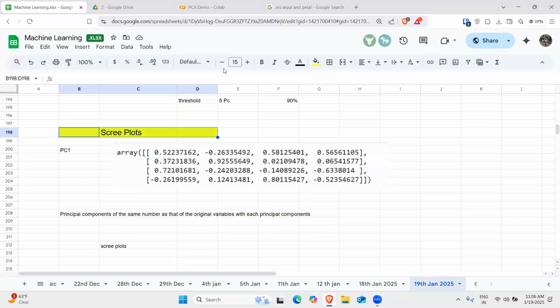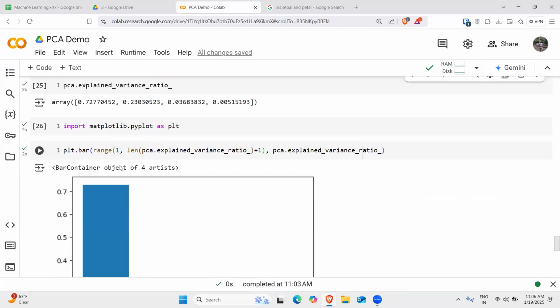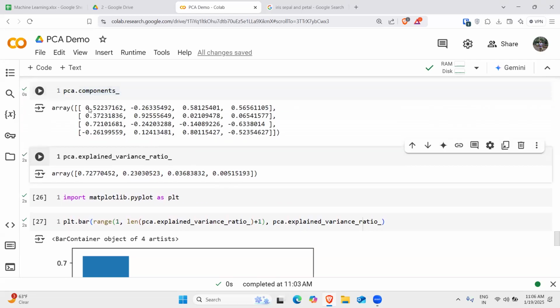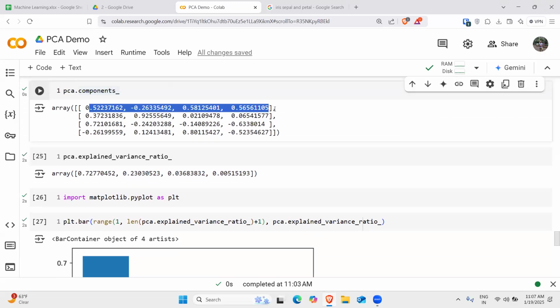So first thing is, this first principal component gives me 73%, second gives me 23%, third gives me 3.6%, four gives me 0.5%, right? So as you can see, first principal component explains the maximum information in the dataset, followed by PC2, then PC3.